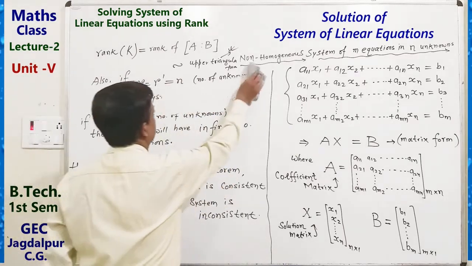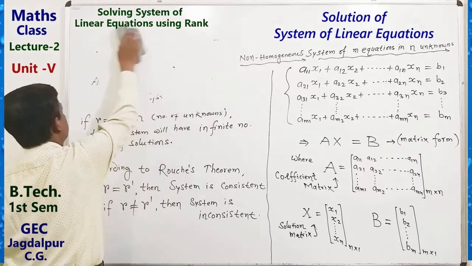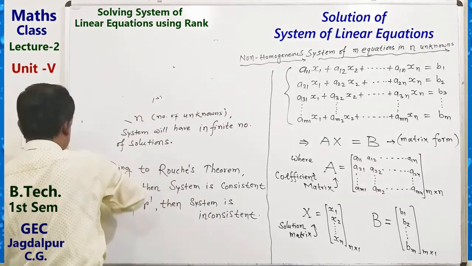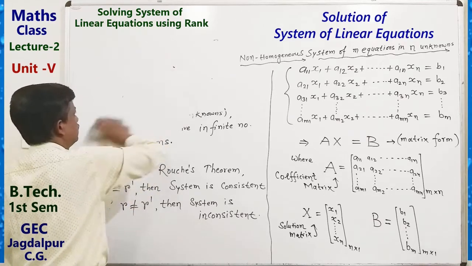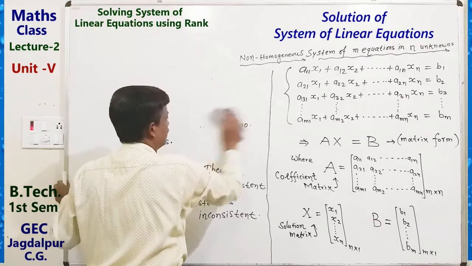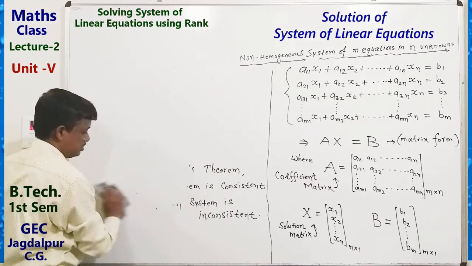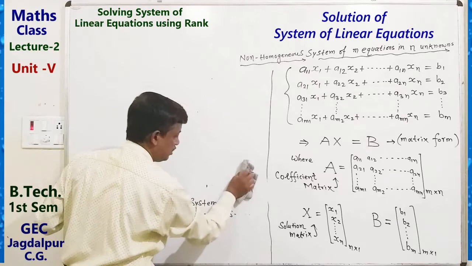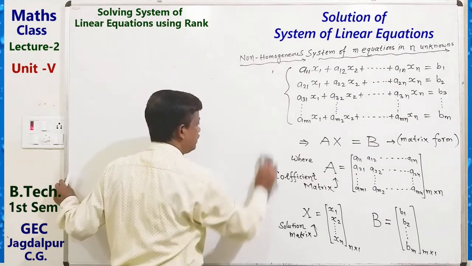Okay, so this is the technique for finding the solution of a general non-homogeneous system of equations by using the rank method. Okay, now let us take some questions for understanding the rank method. For a non-homogeneous equation, the right hand side should not be 0.